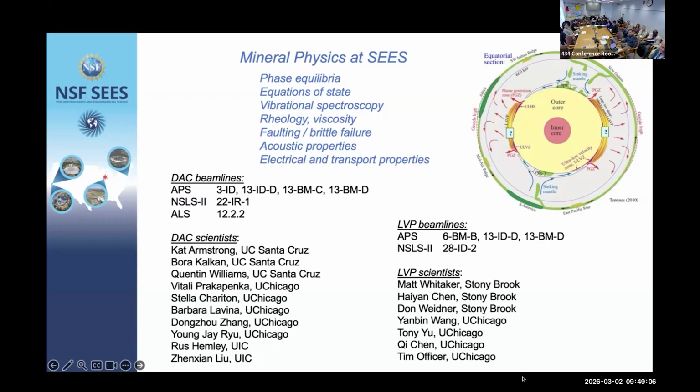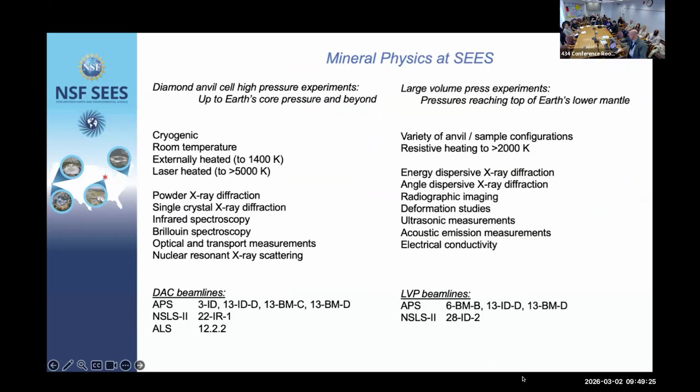All these beamline scientists are diamond cell oriented. We've also got, I hope I've got everybody here, a handful of large volume press beamlines, and some of those large volume press scientists are here in the room for rock deformation applications. The techniques we use are similarly broad.